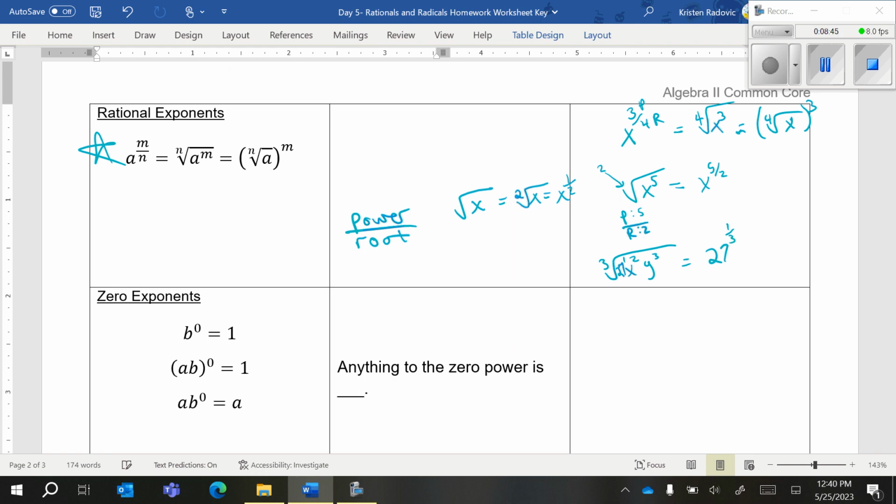The root is 3. Now x has an exponent of 2. Your root is 3. Y has a power of 3 and a root of 3. If you put the cube root of 27 in your calculator, or just 27 to the 1/3, you would get 3. You can't simplify 2/3, but 3 divided by 3 is 1, which is just y.